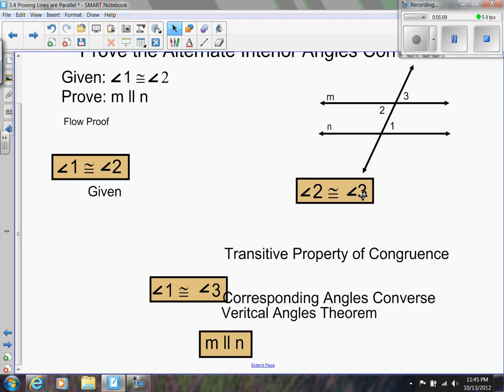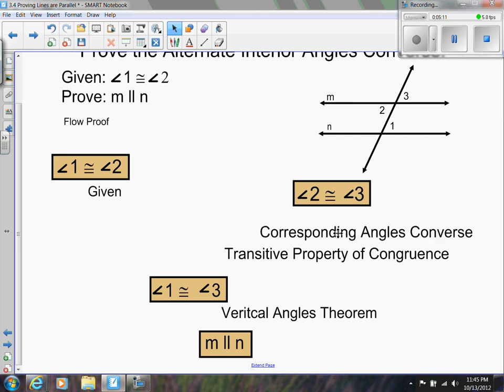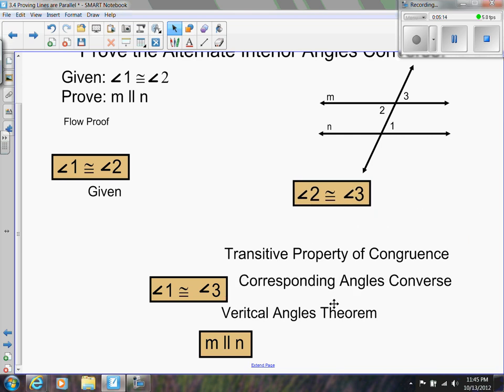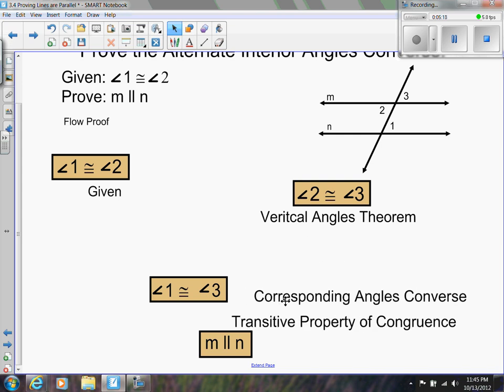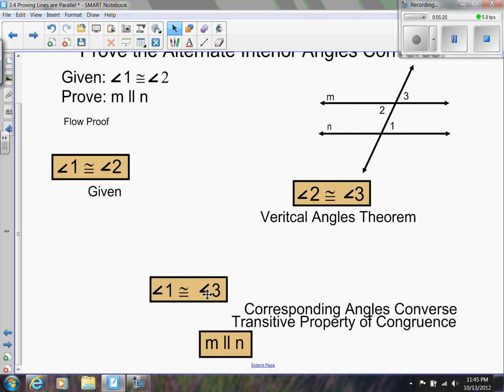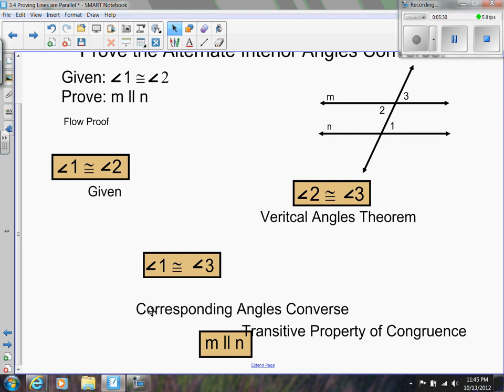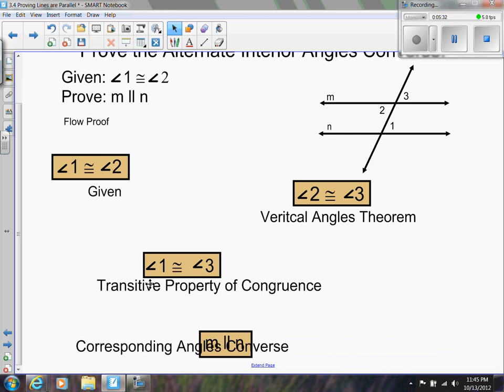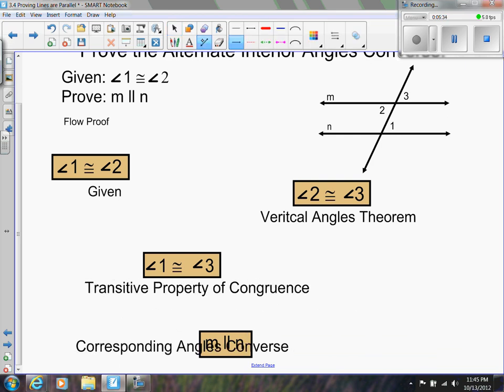I know angle 2 and angle 3 are congruent. Angle 2 and angle 3 are vertical angles. Angle 1 is congruent to angle 3. I can then conclude, and I know why, by the transitive property. So I lined them up so I can draw these arrows in.